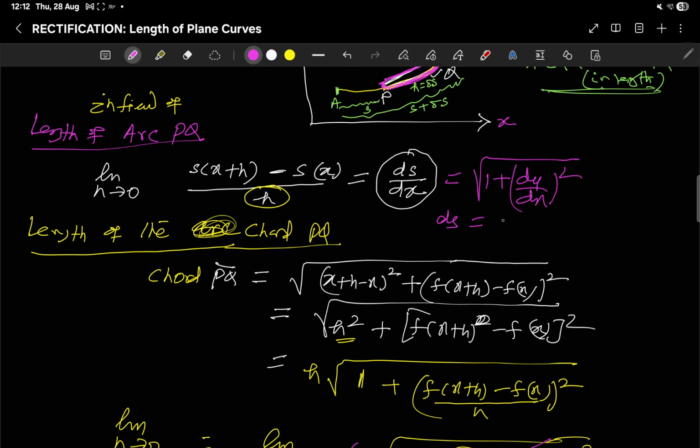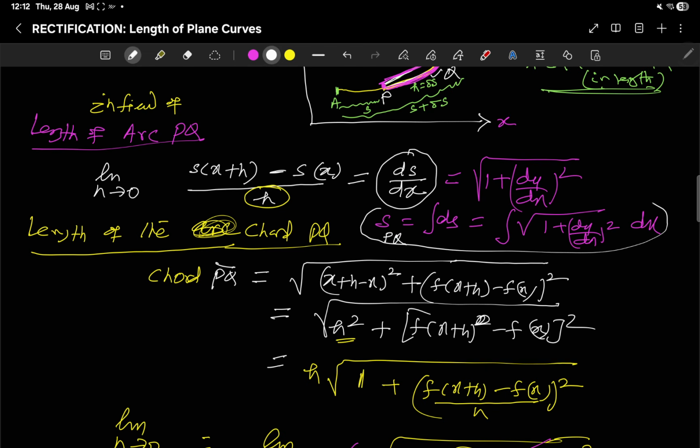My ds will be the square root of 1 plus (dy by dx) whole square dx. Now what is my s? S is the integration of this. So this is my formula for the arc length PQ. I need only this formula.